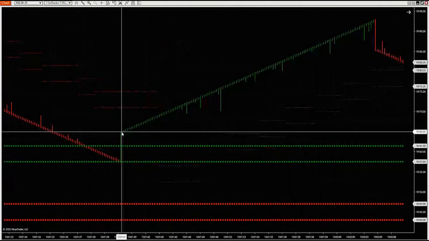So let's take a look at it. See the reversal inside the zones? This is a buy zone. This is a buy zone.